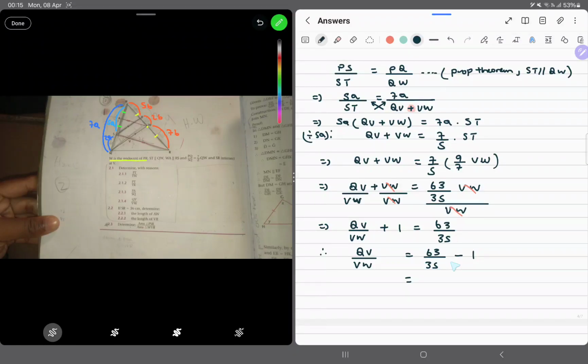It's going to be 35. Therefore we get 63 minus 35. It gives us 28. Right. So now we get 28 over 35, which is going to give us 4 over 5. Right. So can you see that ratio is out and about?